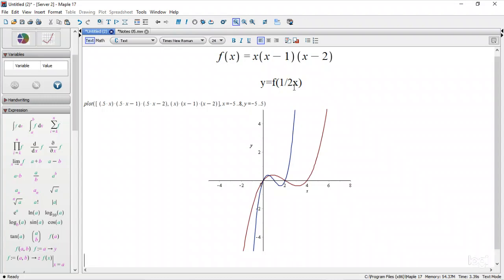Multiplied by half, meaning half x, means the scale factor is 2. So all the x values multiply by 2. You can see that 0 is still 0 because 0 times 2 is 0. In the blue graph, root 1 times 2 is 2. You can see now in the red graph that 2, and 2 times 2 is 4. So this is along the x-axis.